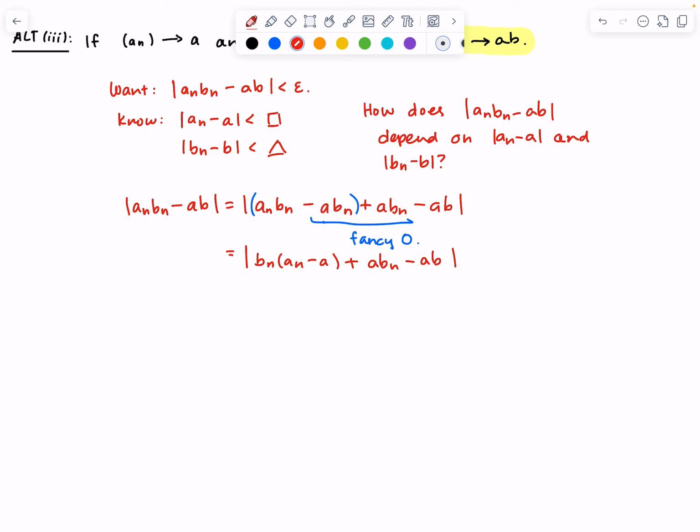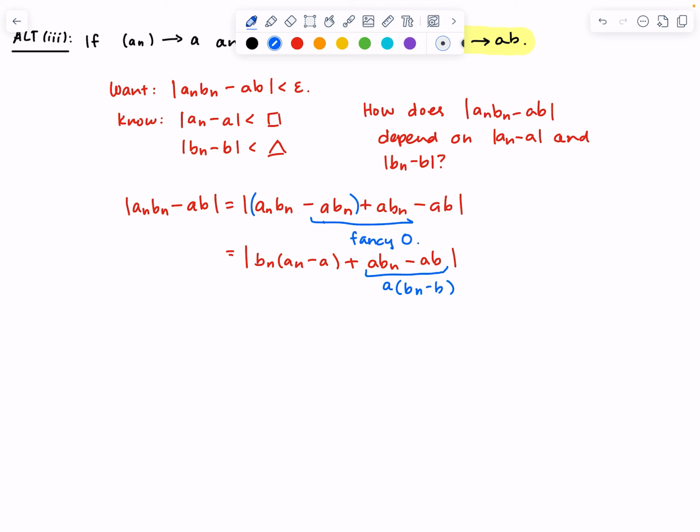Now, I also want to see how BN minus B might be factored out. And conveniently, this choice that I've made for what I needed to add and subtract for my fancy zero, part of it ended up helping me isolate AN minus A, and the other part is going to help me isolate BN minus B, because now I can factor A out of these two expressions here.